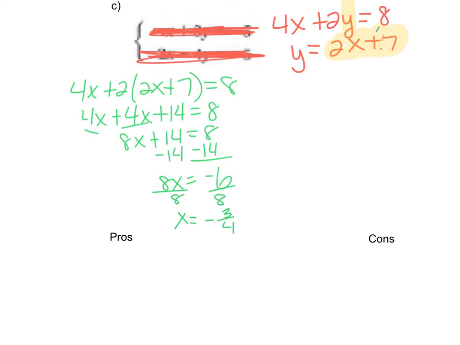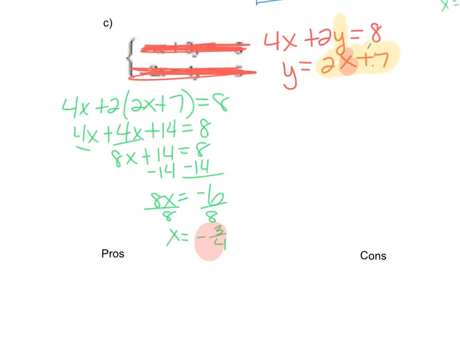Okay, so we're gonna plug this -3/4 in. Which one looks like the easiest? The second one, I think. And for that x, so let's do that. We have y equals 2 times -3/4 plus 7.